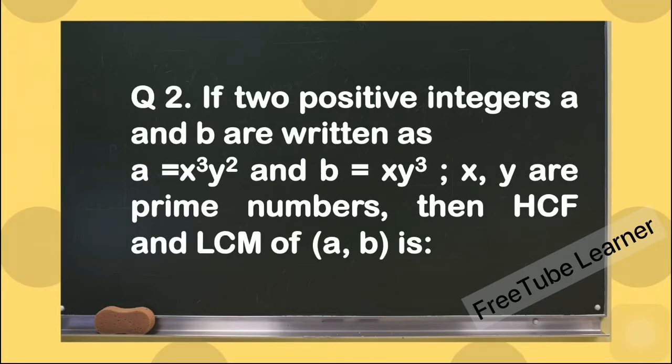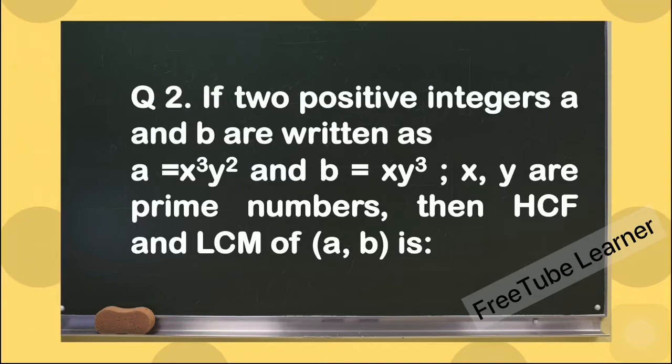Question 2. If two positive integers a and b are written as a equals x cube y square and b equals x y cube, here x and y are prime numbers, then find HCF and LCM of a and b. According to the prime factorization method, HCF is the product of the smallest power of each common prime factor in the numbers, and LCM is the product of the greatest power of each prime factor involved in the number.